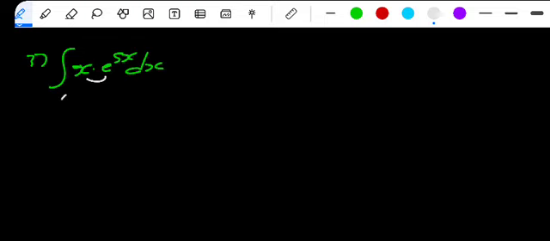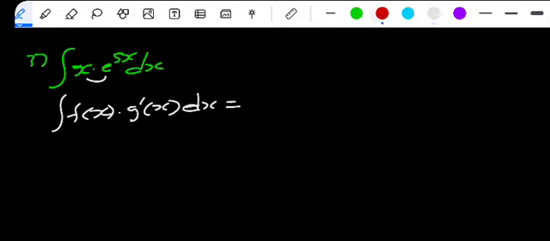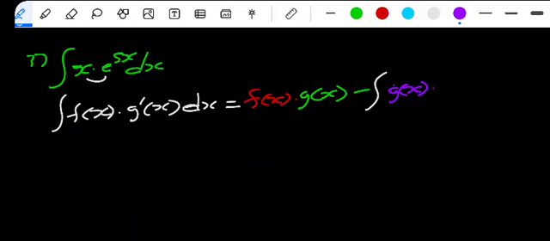We know that the integral of f of x multiplied by g prime of x dx equals f of x multiplied by g of x minus the integral of g of x multiplied by f prime of x, and we have our dx there.